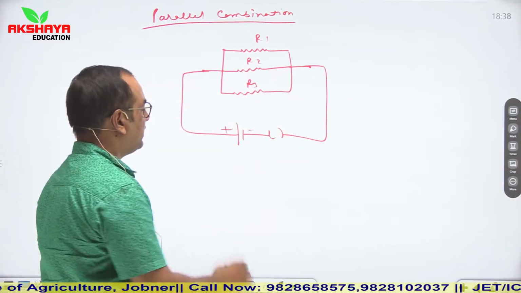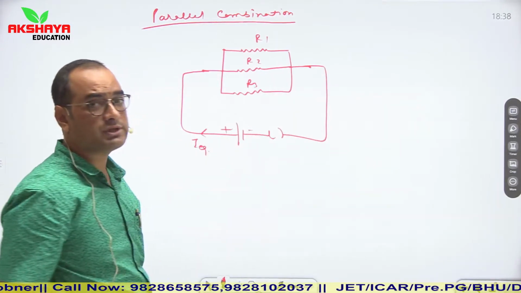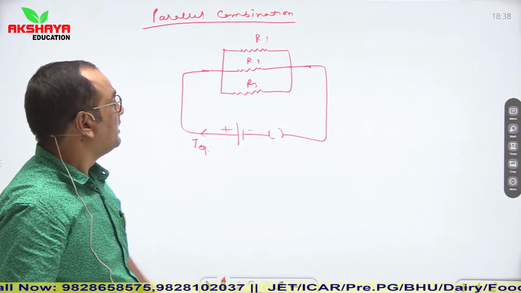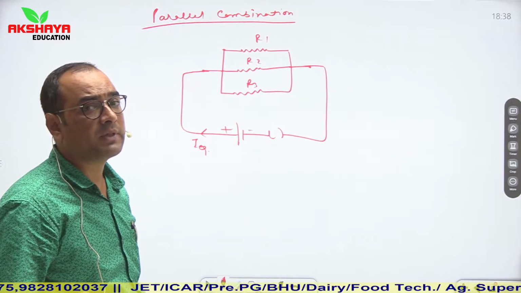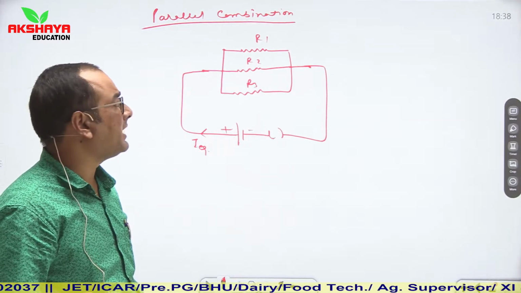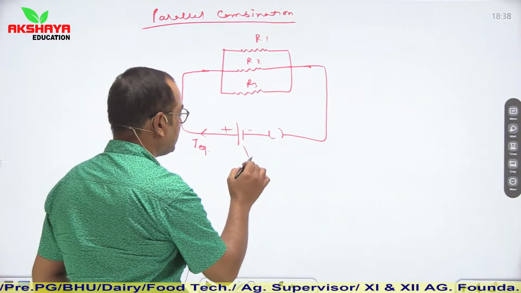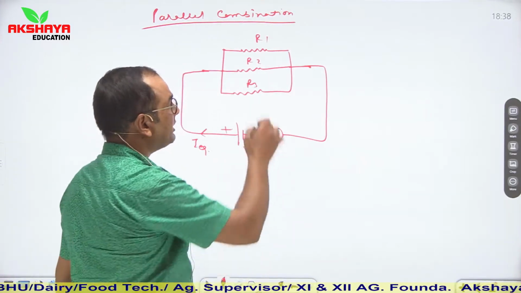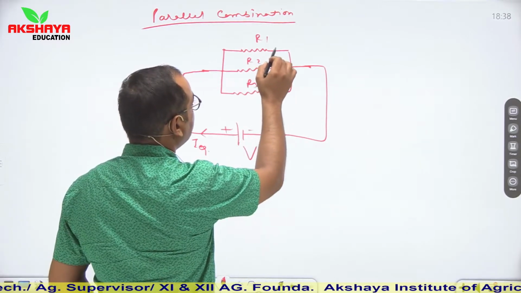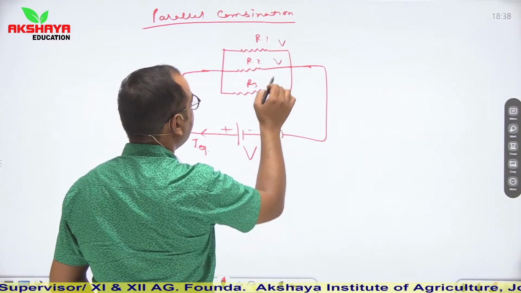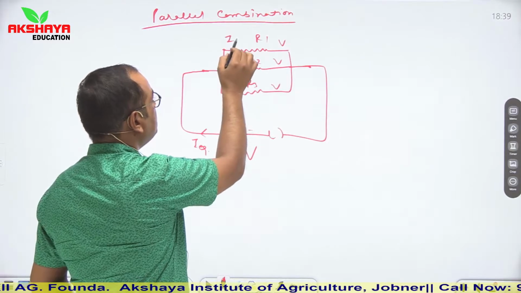In this condition, let us say that the total current flowing through the source is I equivalent. Now these three resistors, or these n resistors, whatever combination you are given, are connected in parallel. So in parallel, always keep in mind that the potential difference is the same. If the potential difference of the source is V, then the potential difference across each resistor will be equal to V. So here also the potential difference is V, V and V. But if the current is I equivalent, then the current through each resistor will be different.